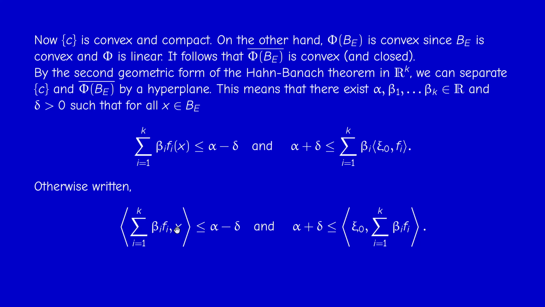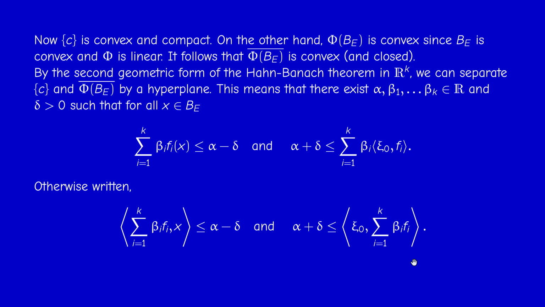Okay, but now this is true for any x in the closed unit ball BE. And this is an element in the dual. So when I take the supremum over x in BE, I get the norm of this element. And now, by the fundamental operator norm inequality, the absolute value of this is less or equal than the norm of Xi0 times the norm of this element.